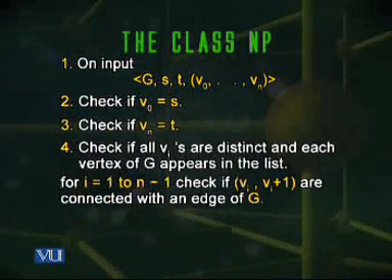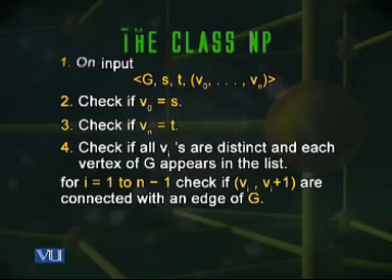Once we have done that, we know that this list starts with the vertex S, it ends with the vertex T, and it has all the vertices of the graph exactly once. So all we have to do is check if it's a Hamiltonian path. How will we check that? We start from the first vertex and make sure that there is an edge from V0 to V1. Then we make sure that there is an edge in the graph from V1 to V2.